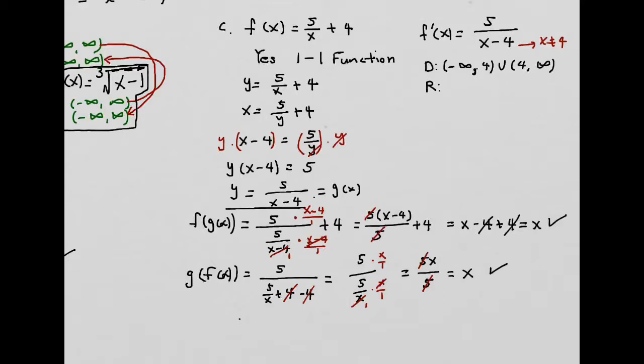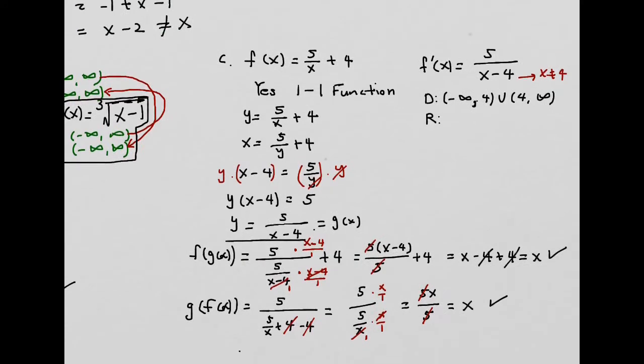And we know that's going to be the range of the given function, right? So even though they are not asked to find it, you should be able to realize that the range of this function is going to be negative infinity to 4 and 4 to positive infinity, right?